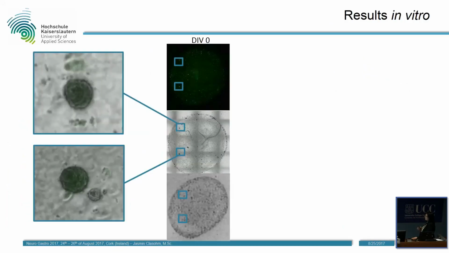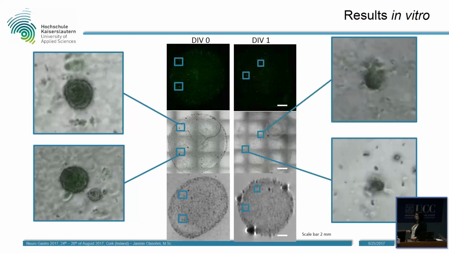Just to give you a quick overview of what happens when we culture these cells in the aforementioned conditions, I put here the fluorescence image, the normal bright field image, and the MRI image. Directly after embedding the neurospheres, you can see the neurospheres with a very round shape. These are not consecutive samples, so it's not each day the same spot of ECM.